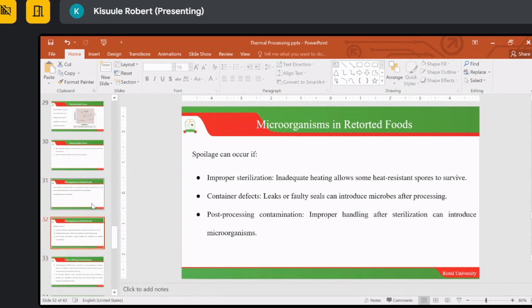Also, container defects: some of the containers people use have leaks or faulty seals that can introduce microorganisms. And improper handling after sterilization can also introduce microorganisms into food.